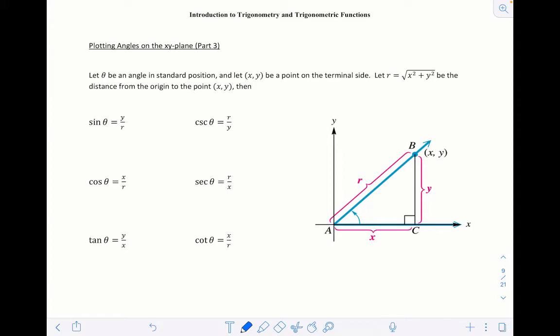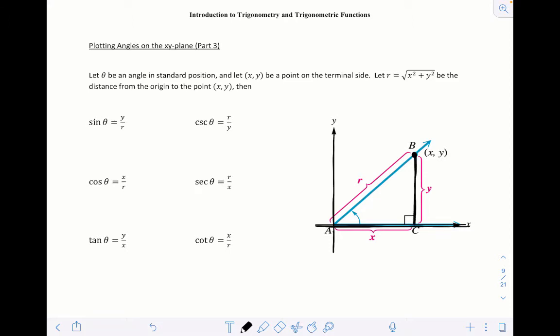So here I've graphed an angle, and if you see that it's on the xy plane here, so here's our x-axis and here's our y-axis. And if you look at a point, just for any time you're graphing in the xy plane, you could actually create a triangle by dropping down to the x-axis.